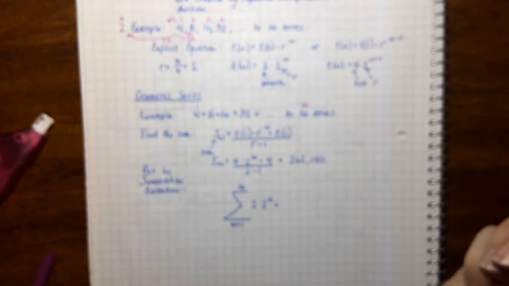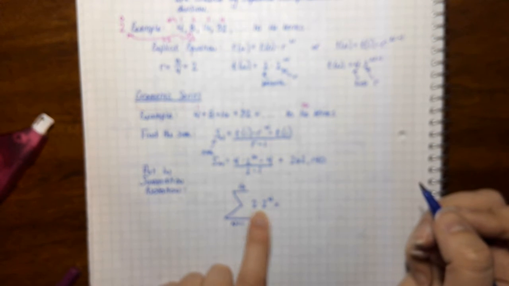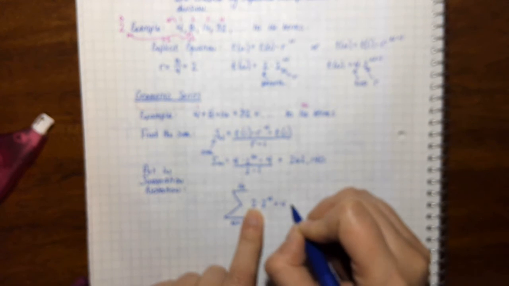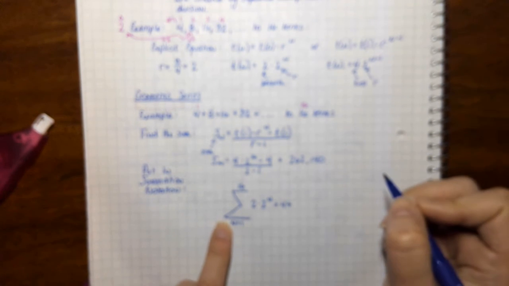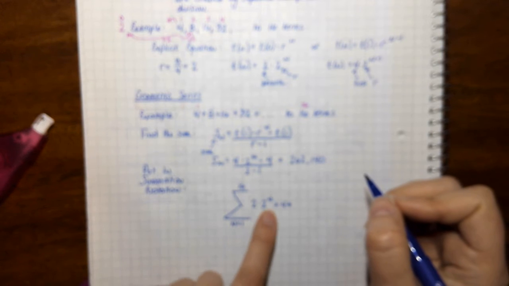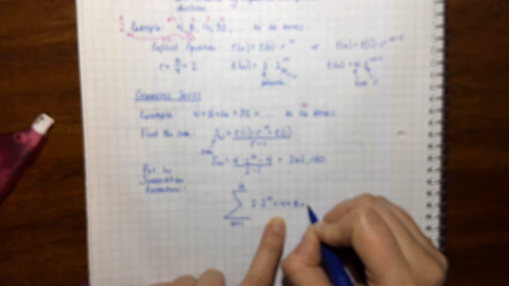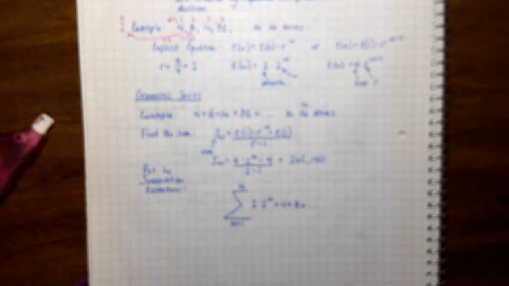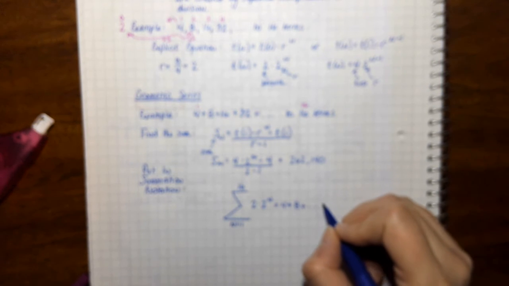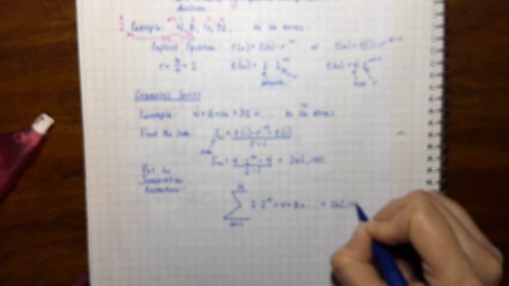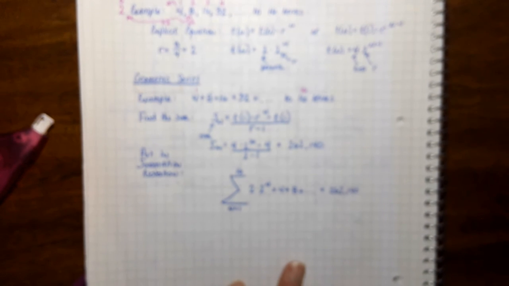Okay, so this would look like this. 2 times 2 to the 1. 2 to the 1 is 2, times 2 is 4. Then sigma means plus. Then we go to 2. 2 to the 2 is 4, times 2 is 8, plus dot dot dot. Can you guys see how this is coming out to match that? And then the answer would be the answer we got from our sum equation.